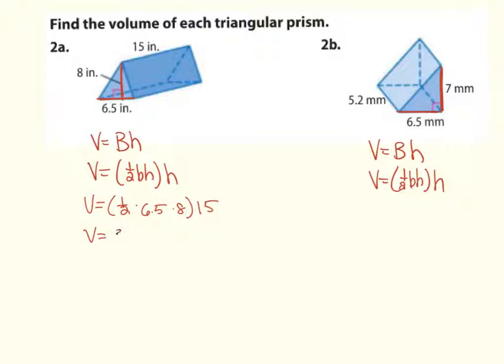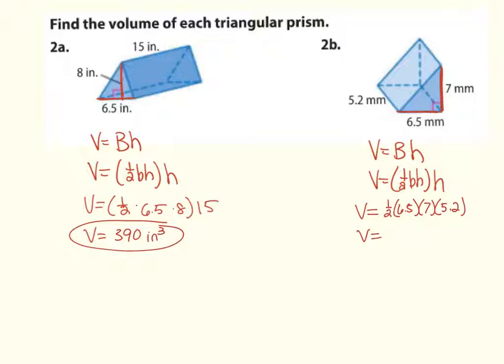The answer here is 390 inches cubed. Okay, 2B, so let's substitute. Got 1/2 times 6.5 times 7 times 5.2. Go ahead and multiply all those. You get 118.3, and this is millimeters cubed.